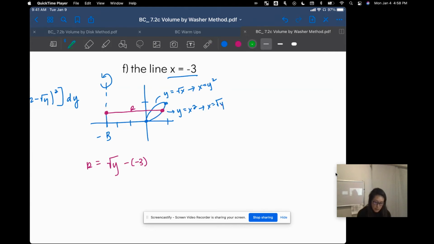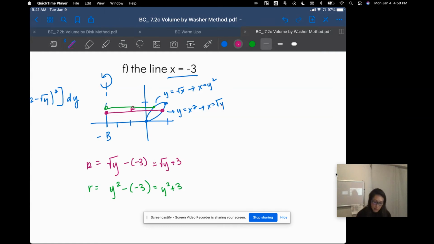And then the inside curve is from y is equal to the square root of x, or x is equal to y squared, minus, so y squared minus -3. So I end up with y squared plus 3 as the radius for my inside, and the square root of y plus 3 for my outside.